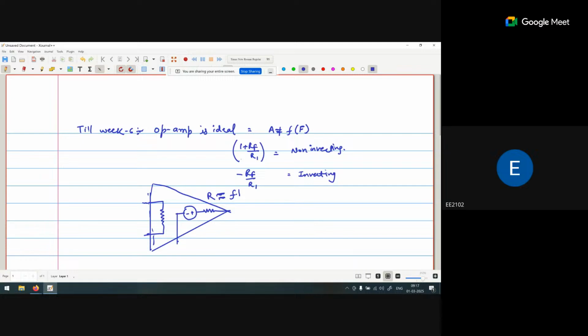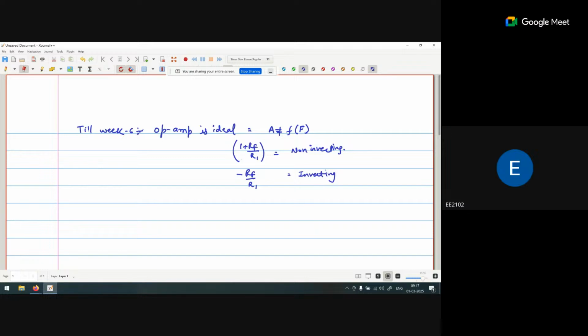It is also a function of frequency. Similarly, the voltage source value will vary with respect to frequency. Not only this, there are other components and parameters in the operational amplifier whose values depend on the frequency.